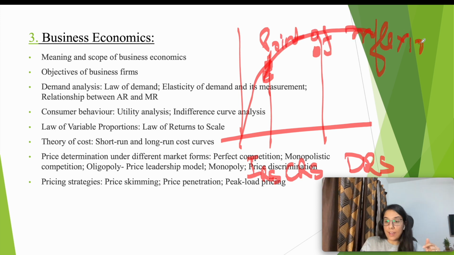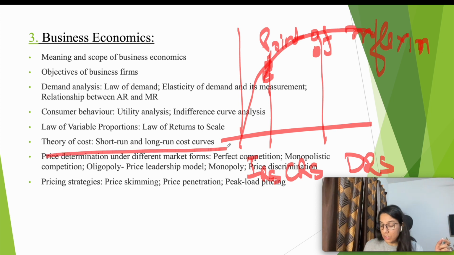Then coming across, for example, they can ask you about TR, AR, MR. They can ask you about TC, AC, MC, marginal cost, average cost, and total cost. So these are very important. I have mentioned those here: law of variable proportion, law of returns to scale, all these kinds of questions.